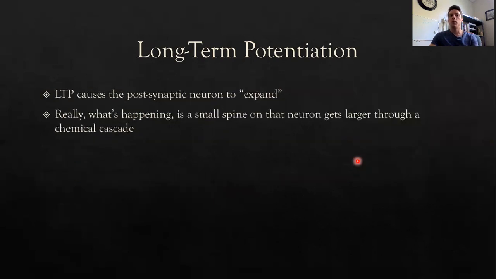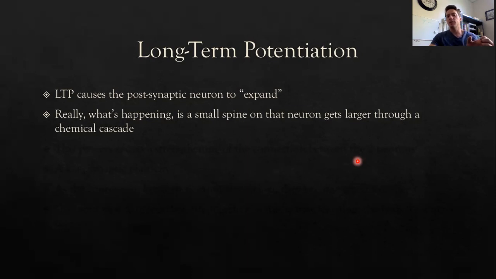So long-term potentiation causes the postsynaptic neuron to expand, to proliferate, to grow in size. And what's really happening is that binding of glutamate to the NMDA receptor triggers a cascade of chemical reactions within the postsynaptic neuron.